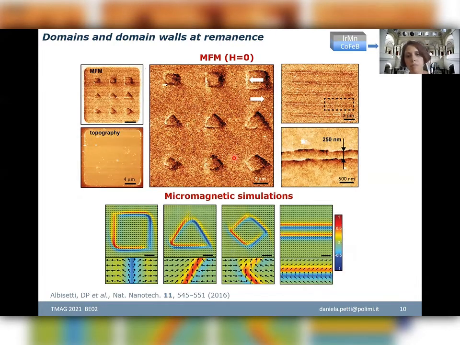Now, if we compare this result with micromagnetic simulation, apart from the good agreement with the data, what we can appreciate in the bottom panel is that by controlling the shape of the pattern domains with respect to the external field, we can create domain walls of different nature. For instance, here we have a tail-to-tail domain wall that in a continuous film naturally cannot be sustained.